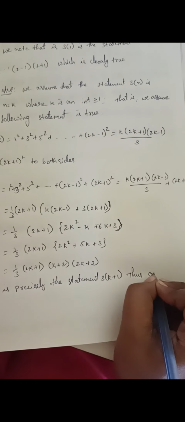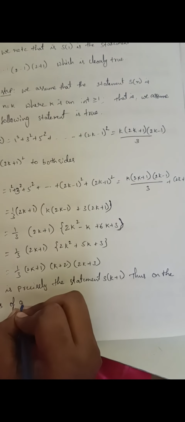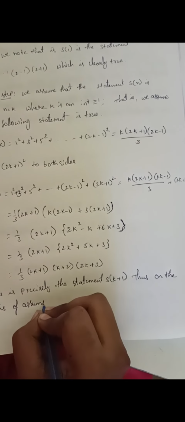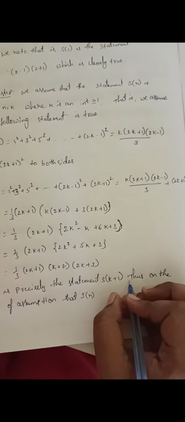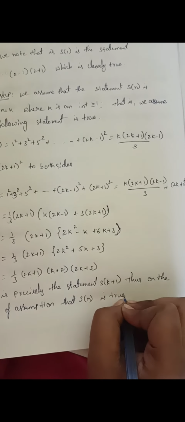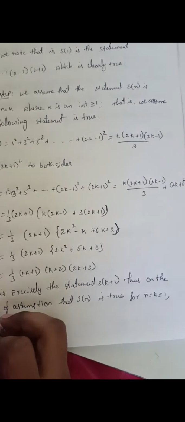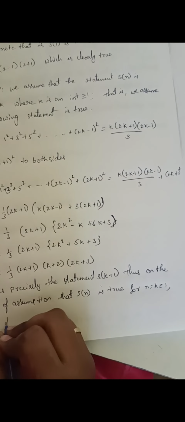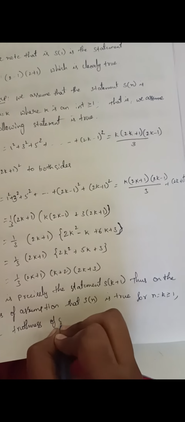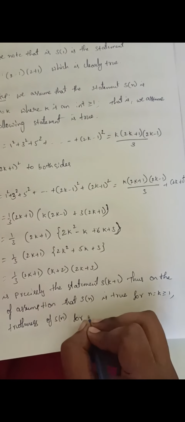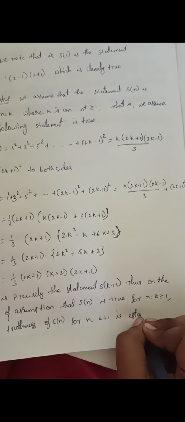Thus, on the basis of the assumption that S of n is true for n is equal to k greater than or equal to 1, the truth of S of n for n is equal to k plus 1 is established. Thank you.